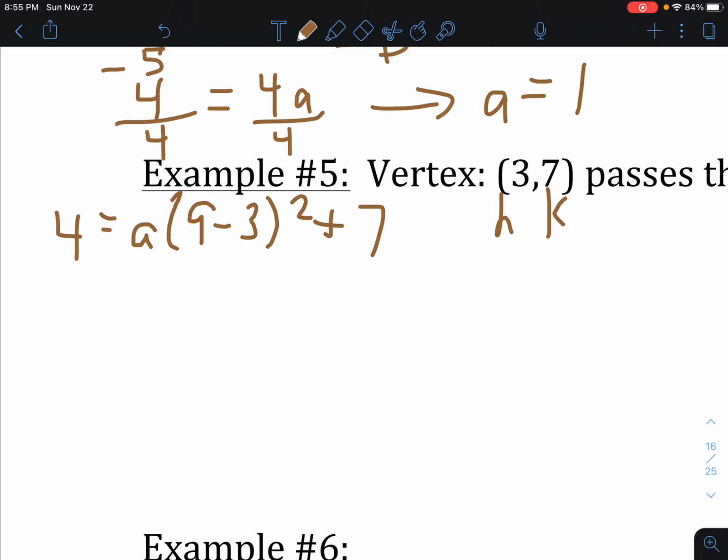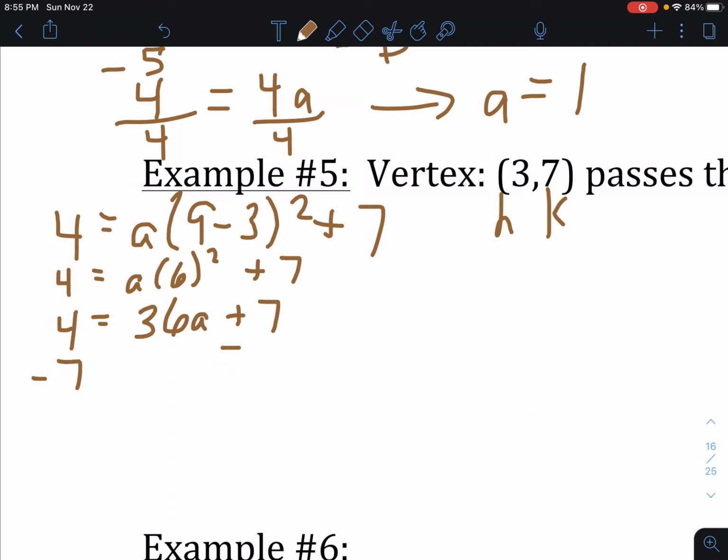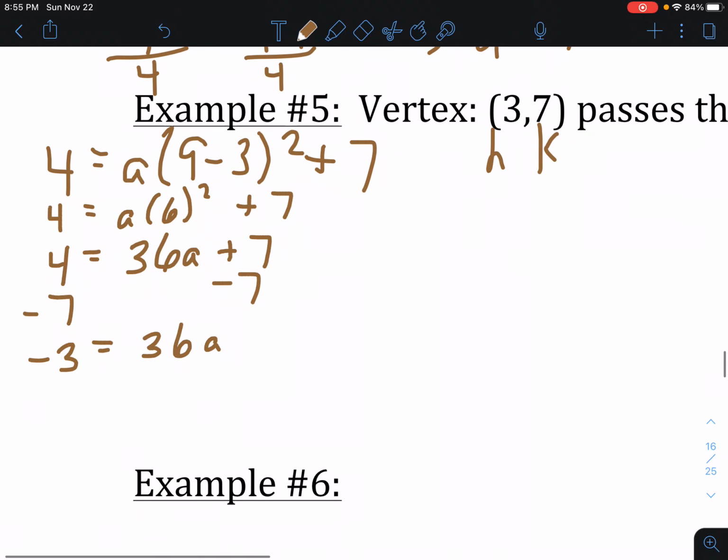So now I'm going to solve this for a. Parentheses first. 9 minus 3 will get 6. Then I'm going to do my exponents. 6 squared is 36, so we'll say 36a. Then subtract 7, and then divide by 36 to get a by itself.